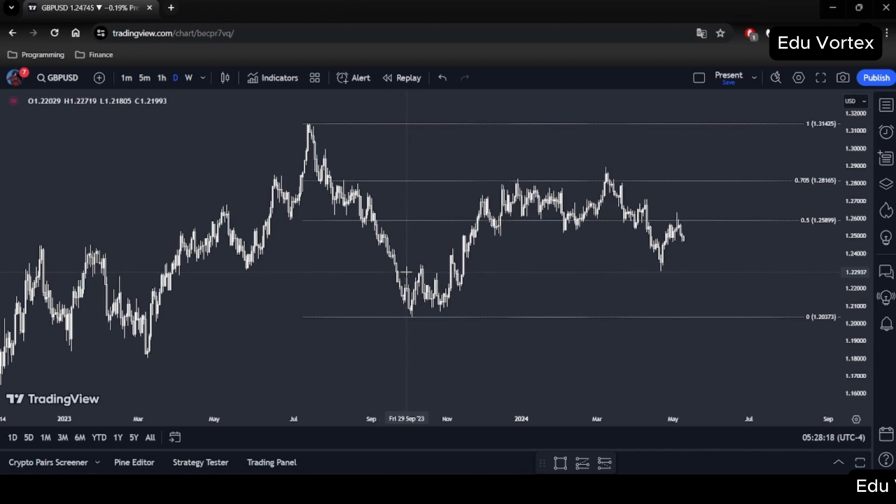So here we would see our daily turn bullish, and this will be our structure in the weekly. So where is our premium? Here in this section, from the 50 to the 70. This is our premium. So what are we looking for?